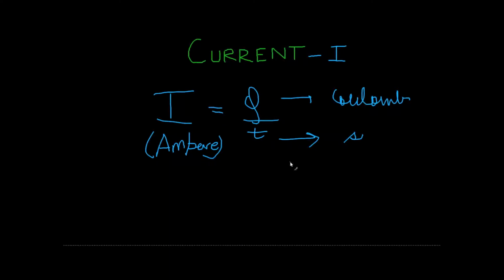So as we say, coulomb per second is what ampere is. C by S is also denoted as C S^-1. The -1 is nothing but, if you've done exponents, the S^-1 becomes an S positive 1 in the denominator.